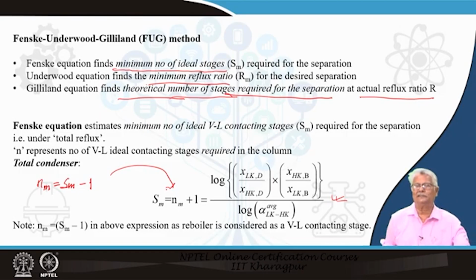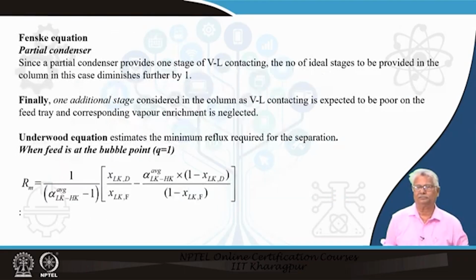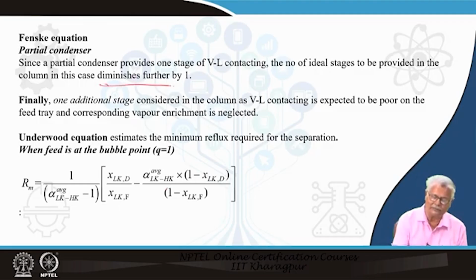This was a case of total condenser. We can have a partial condenser also. In a partial condenser, it provides one more vapor liquid contacting stage. So, what happens is the number of trays to be provided inside the column or tower has to be further reduced by 1.